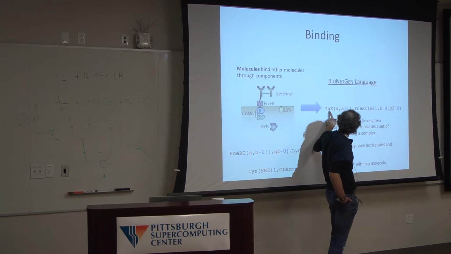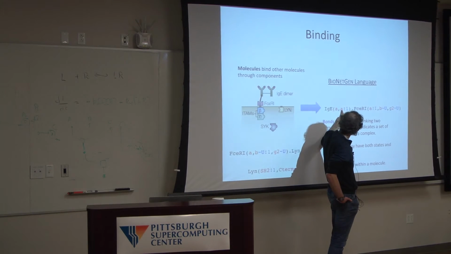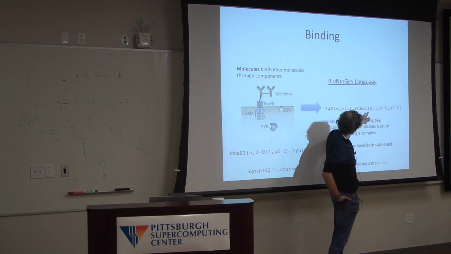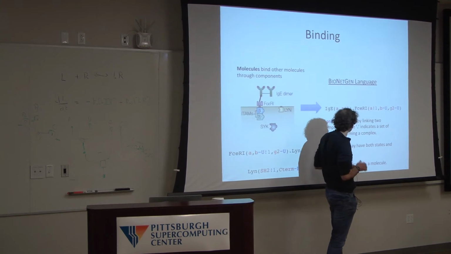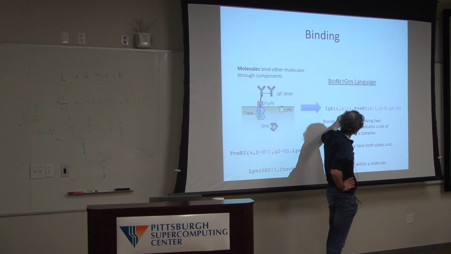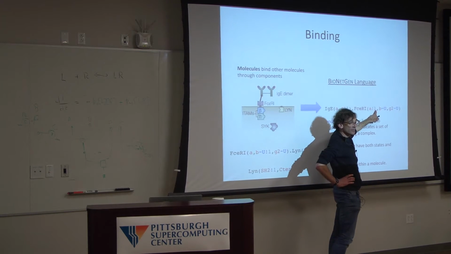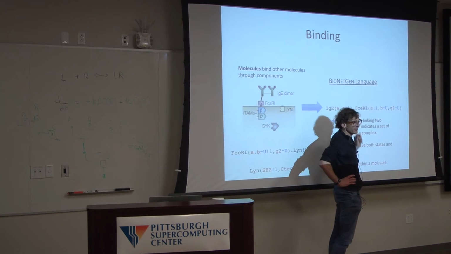So here we have a bond between the ligand and the receptor molecule. It occurs through the A component of the ligand molecule and the A component of the receptor molecule. The fact that they're bound together is indicated by having a bond with the index 1 starting here and ending here. You can think of this like a hyperlink, for example.